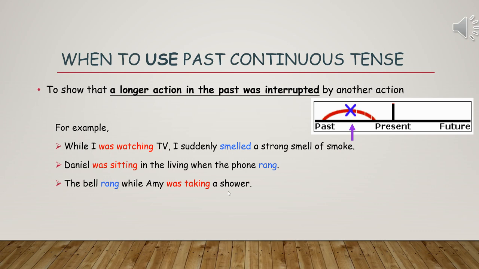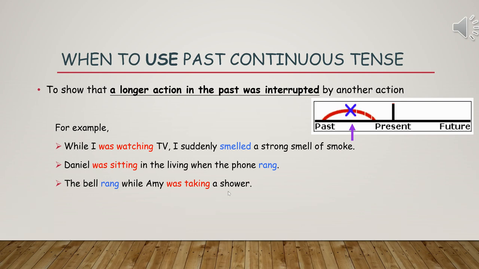If the whole event happened in the past, we could say, my sister jumped on me while I was watching a video. The action of jumping interrupts the longer action, watching a video. The shorter action does not necessarily stop the longer action. In this case, the shorter action is in simple past tense while the longer action is in past continuous tense.